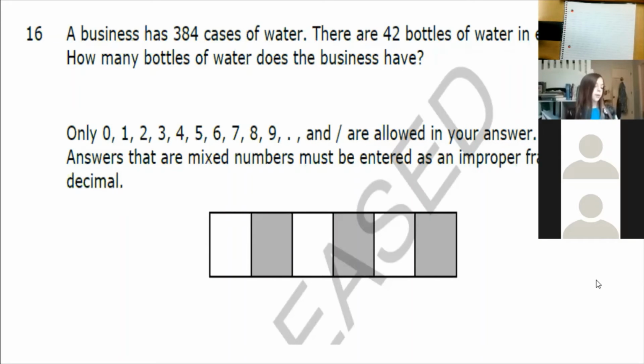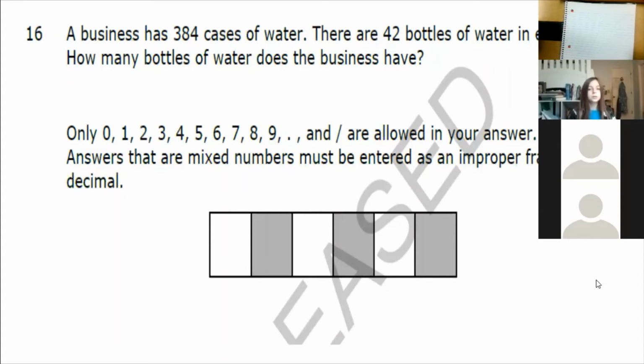I knew that was as close as I was going to get to 384, but not the exact answer, so I'd have to add a remainder. I did 384 minus 378 and got a remainder of 6. So I got 9 remainder 6, and that's how I solved it.